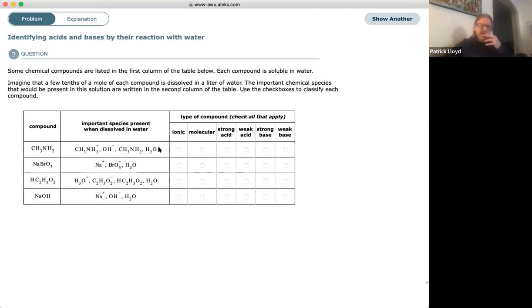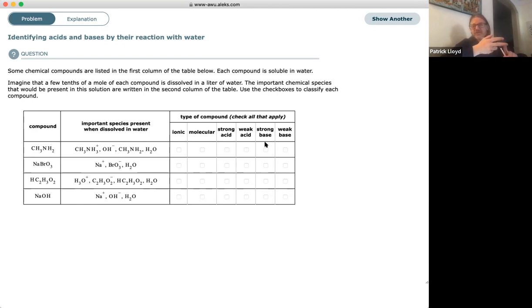Now there's one aspect that I haven't really discussed much about, which is the strong, weak aspect of it. The nitrogen bases only form a small amount of hydroxide, so they're called weak bases. The metal hydroxide compounds form a lot of hydroxide, so they're called strong bases, okay? So nitrogen bases are weak bases.